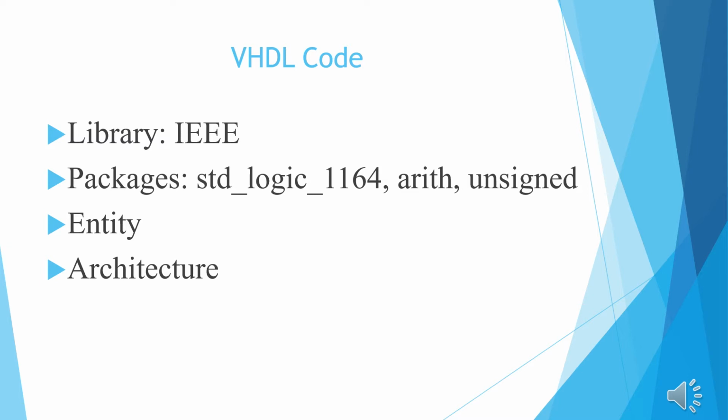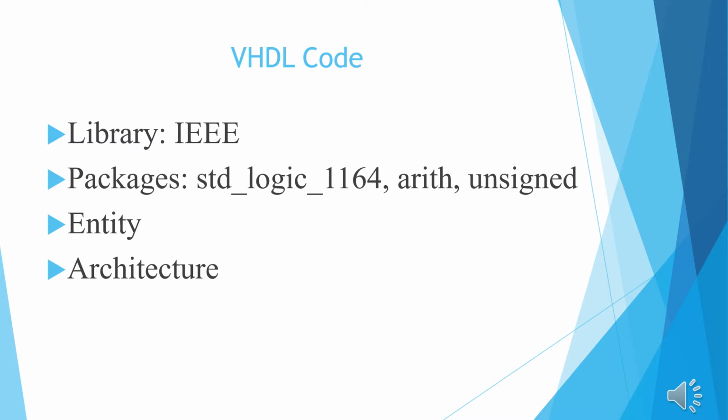VHDL code consists of library, packages, entity, and architecture. VHDL is an IEEE standard, so it supports library IEEE. Package is a collection of functions, procedures, shared variables, constants, files, data types, data objects, subtypes, attributes, and components.